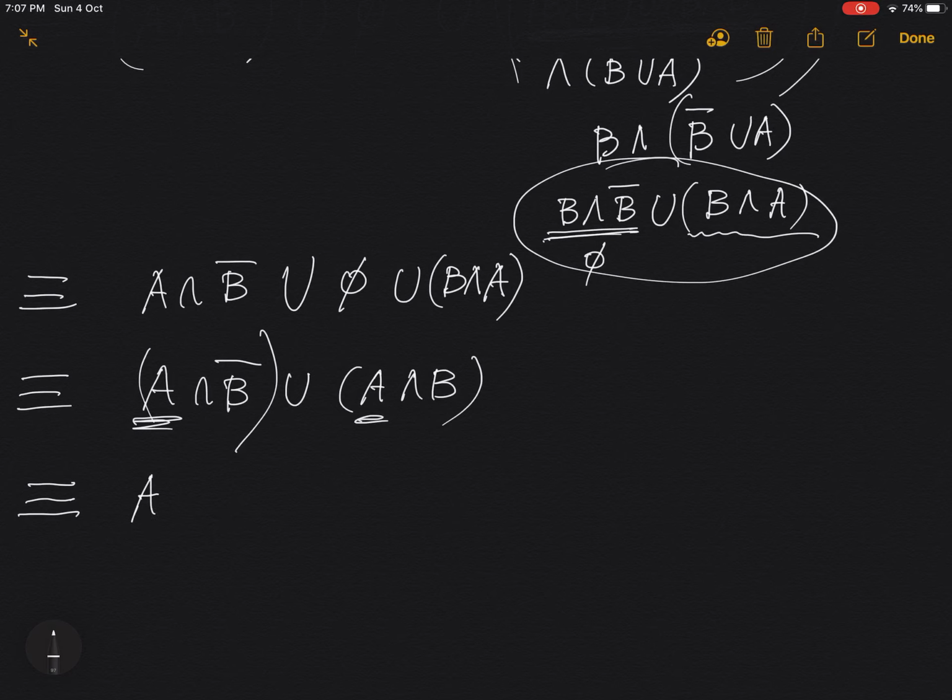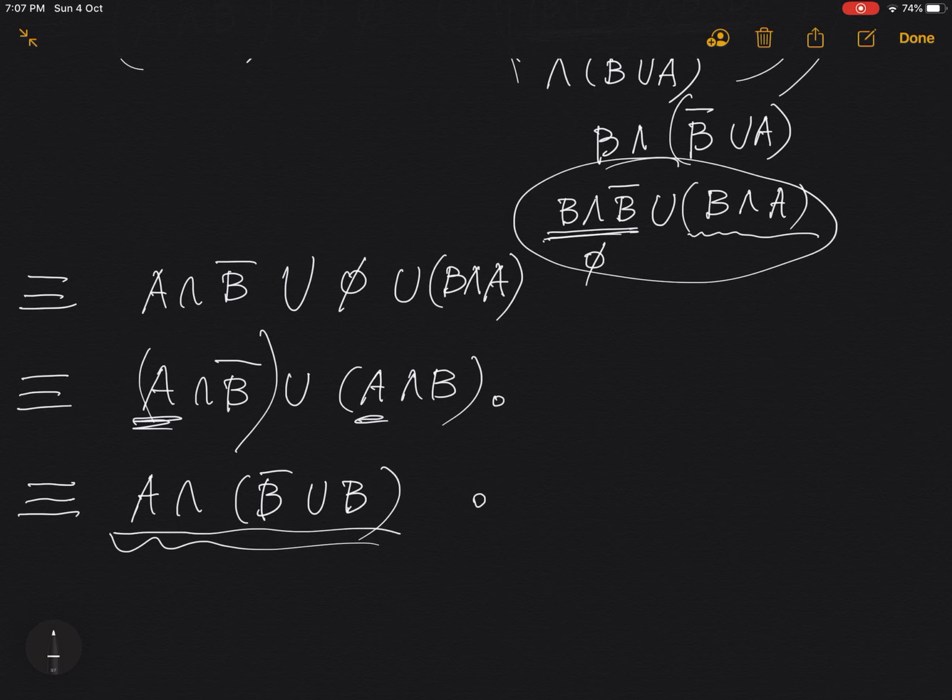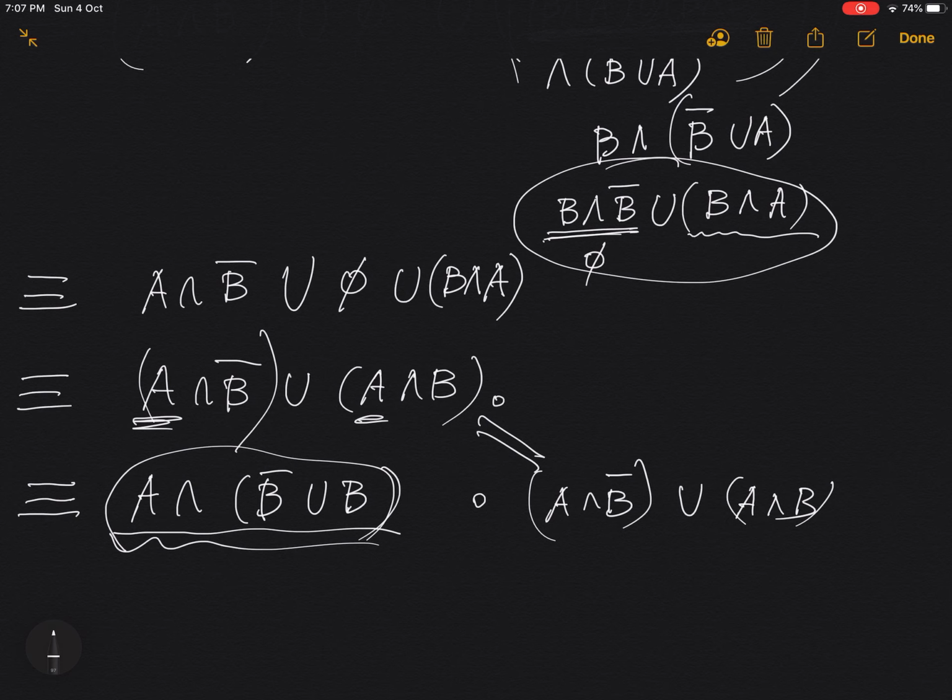We take the A outside and the complement of B or B. When we reach here, we can check whether this line and this line are consistent or not. For this, we can just use the distributive law. We will have A and the complement of B, or A and B. Okay, we can see they are the same, so this expression is correct.